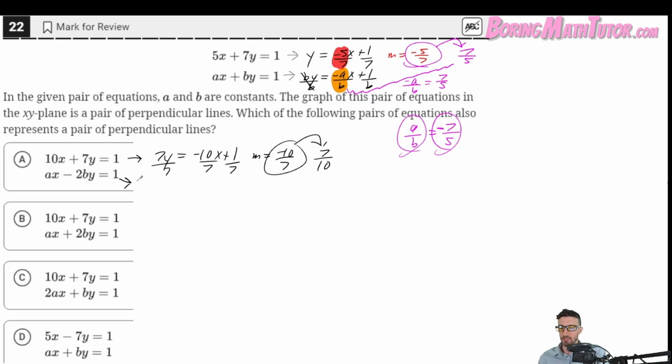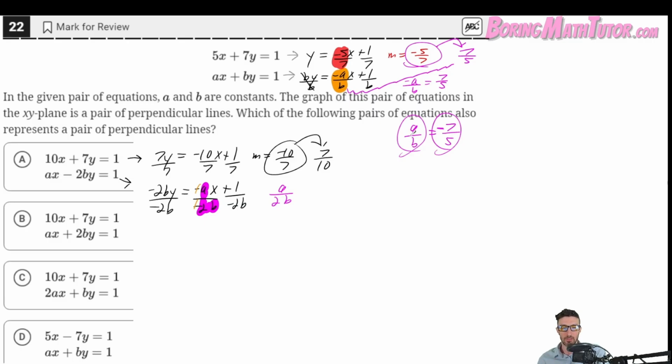Okay, but if I solve this one for y, I would have negative 2by equals negative ax plus 1. I divide everything by negative 2b, and I find out that I can cancel out these negatives and that the slope is a over 2b.